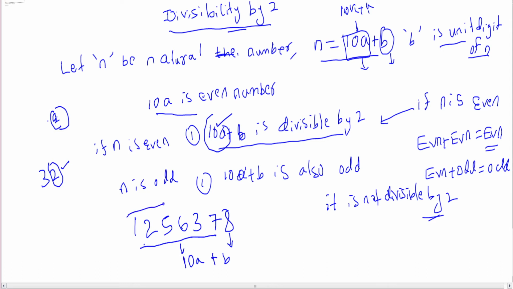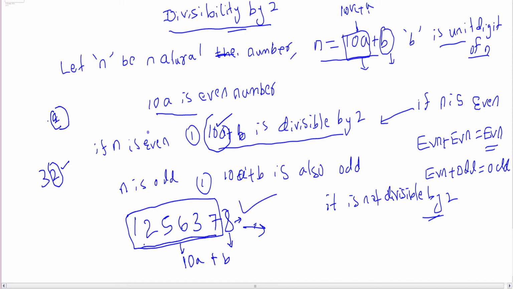This will be divisible by 2. The unit digit b is divisible by 2 because it is even, and the entire number is even. If the unit digit is even, both parts are divisible by 2, so the whole number is divisible by 2.